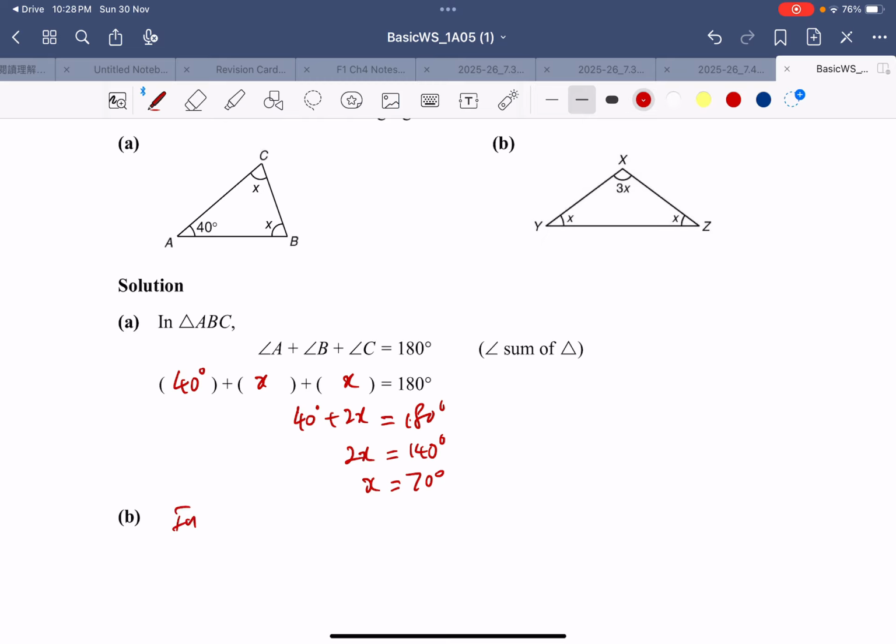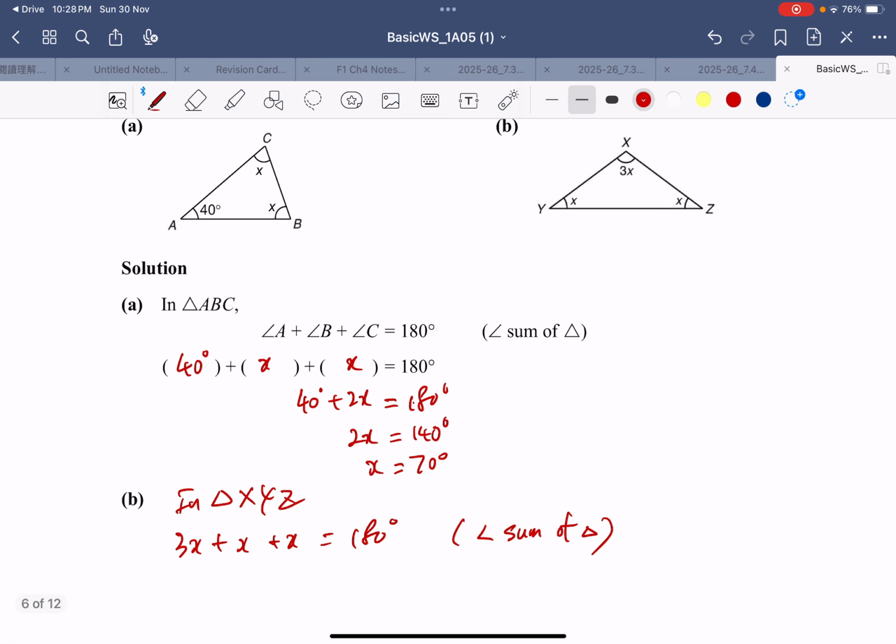Okay, in triangle XYZ, 3x plus x equals 180. The reason is angle sum of triangle. 5x equals 180, so x will be 36 degrees. That's it for B.